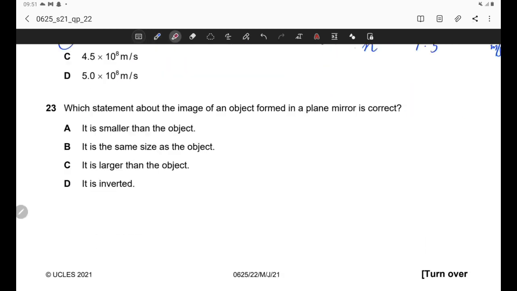Question 23. Which statement about the image of an object formed in a plane mirror is correct? So the statement about the image formed in a plane mirror. Let's look at the properties of the image formed in a plane mirror. The image will be virtual, that is the first property.